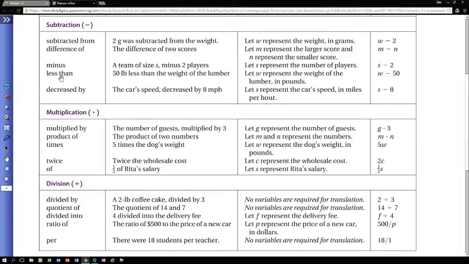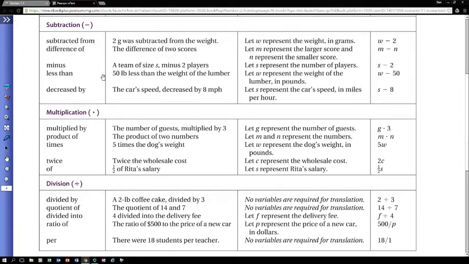It'd be very easy, when we say 50 pounds less than the weight of the lumber, and I see this mistake all the time, to define the variable W for the weight of the lumber and then write it as 50 minus W. That's not the same thing.